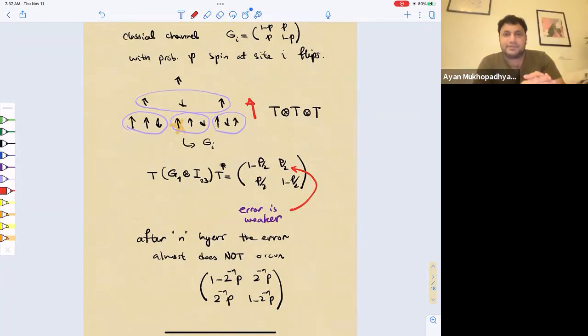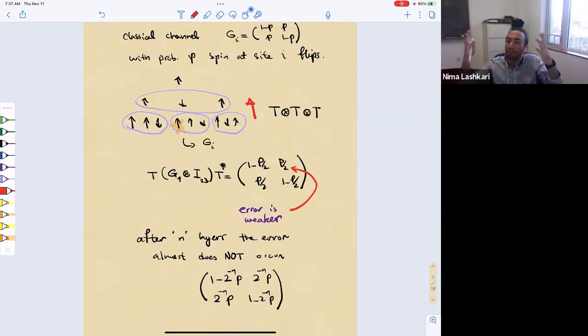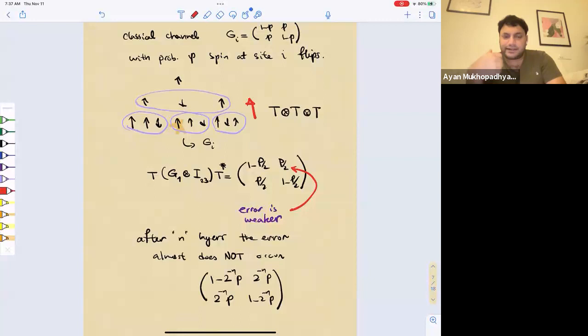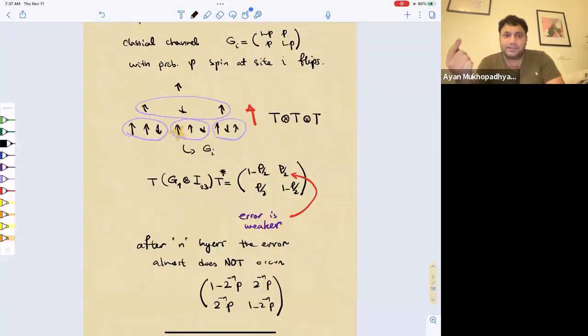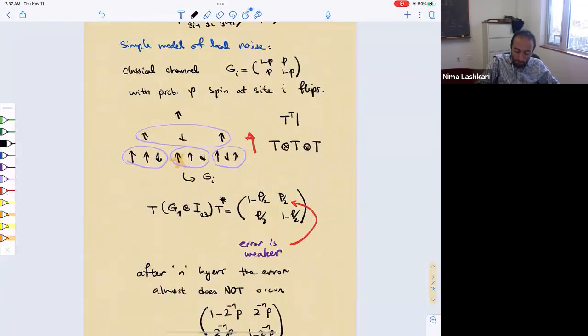Exactly, the code subspace, not the whole thing. If you talk about the whole thing, there will be a projection involved. Right. But here I do not understand exactly what the code subspace is, because if I take, say, the top bit, what is it being encoded into? T transpose of it, I can write it explicitly. It's just a state.